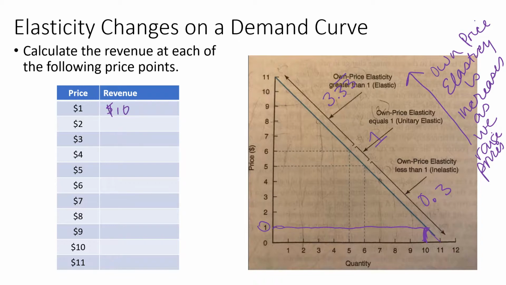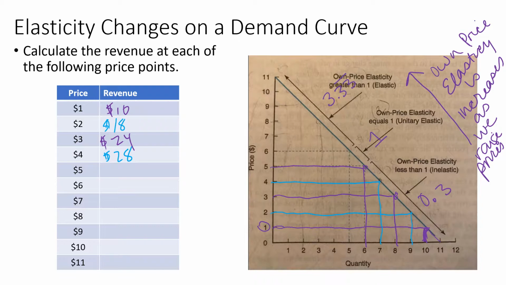Our revenue at $2 is 2 times 9, which is 18. Our revenue at $3 is 3 times 8, which is 24. Our revenue at $4 is 4 times 7, which is 28.